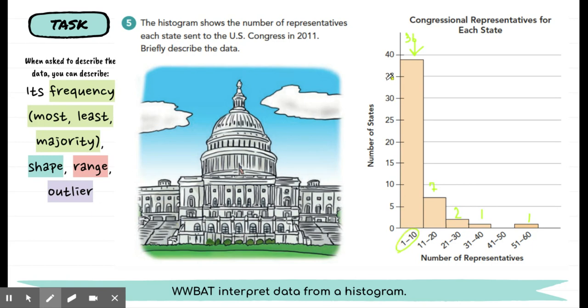For the shape, most of the data is geared towards the left-hand side and the tail goes on the right-hand side. If the tail is to the right, then this data is right skewed.